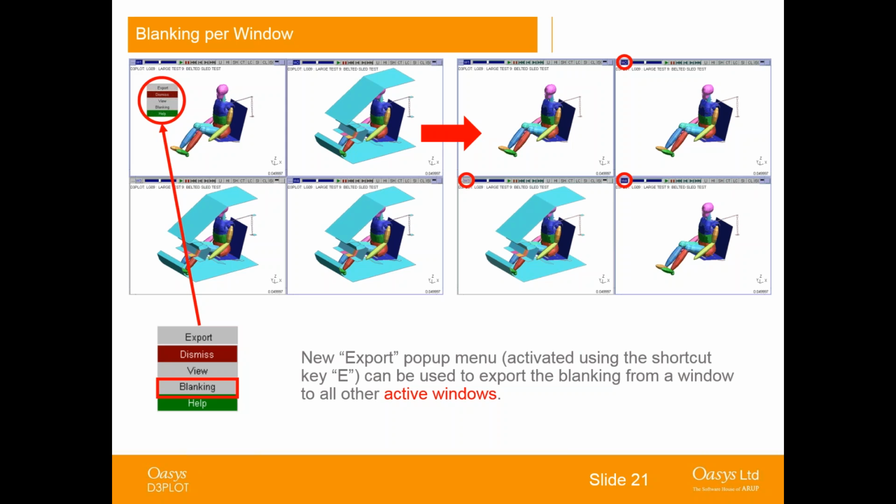For example, in this particular case, we've blanked the body, and we have windows 1, 2, and 4 active. So if we want to export this blanking to the other windows, we can just press E, and that will export the blanking. Window 3 wasn't active, so the blanking hasn't been exported there in this example.